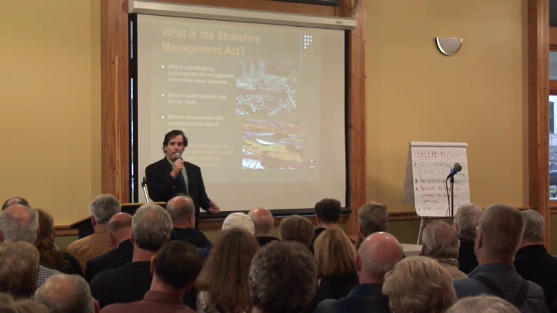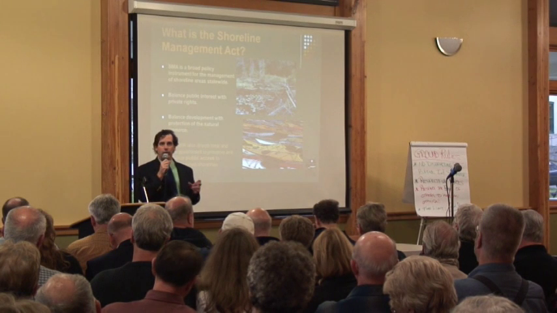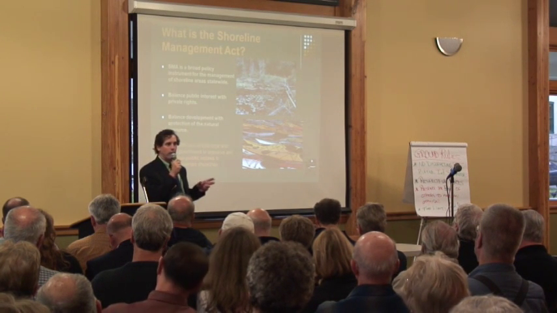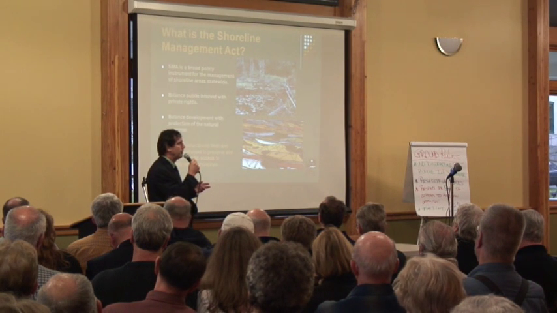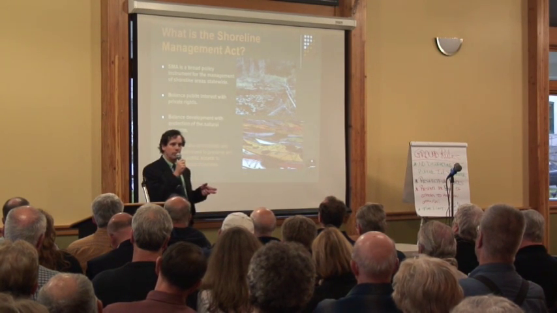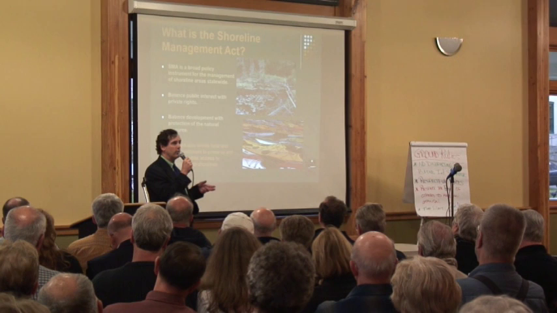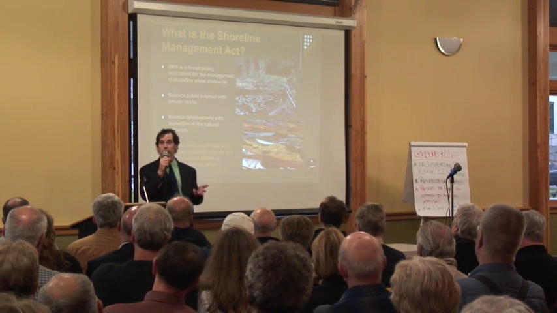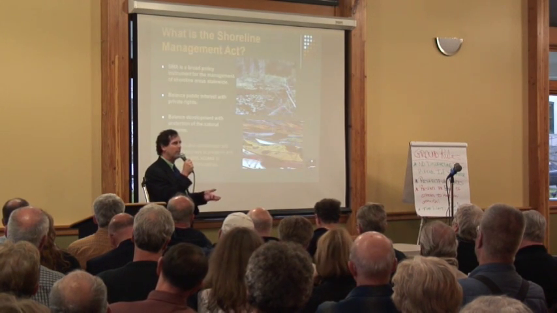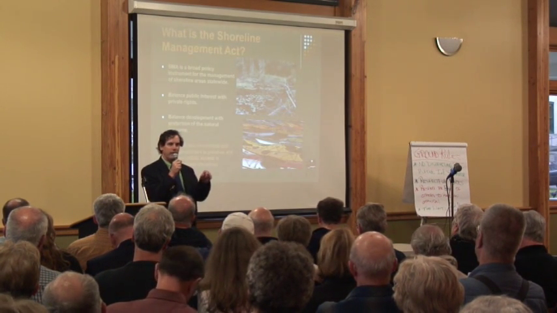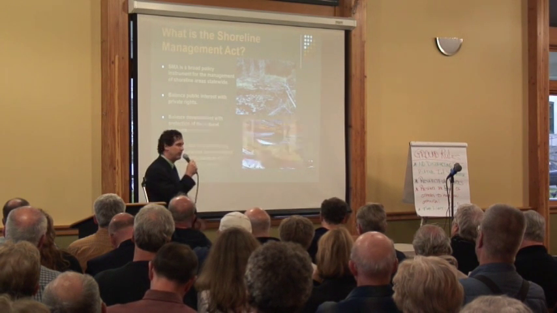And because Washington has a very large amount of privately held shoreline areas relative to some states, the legislature also directed us in the Shoreline Act to promote, provide, and protect public access to the shorelines, recognizing that across time, more and more people are going to be putting demands on a very limited resource.